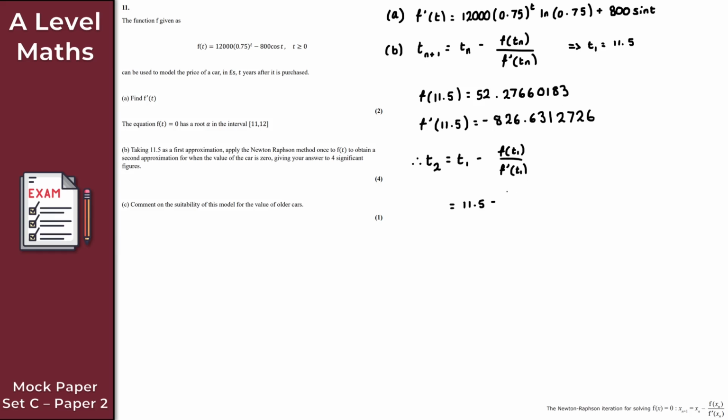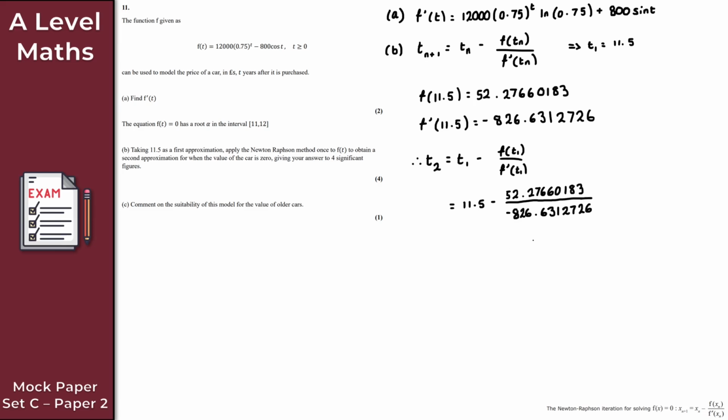So let's just write this down in full here. 52.27660183 all over then f prime of T1, which is f prime of 11.5, right, which is this number here. So again, let's just write this down in full. Minus 826.6312726. Okay.